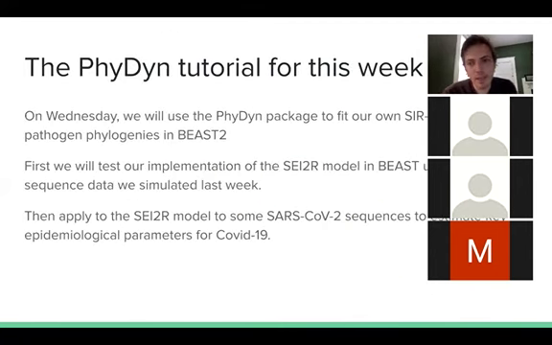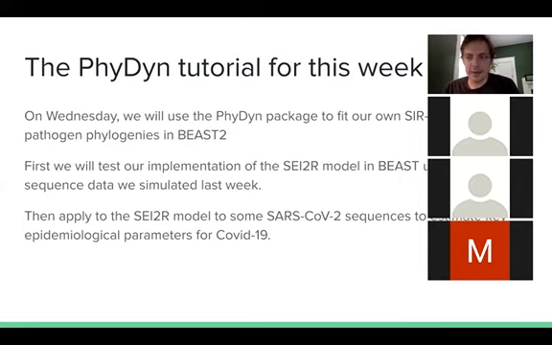On Wednesday, I want to give you all a chance to do this for yourselves. We'll play around a little bit with the Phylodynamics package in BEAST 2. The first thing we'll do is implement the SEI2R model.